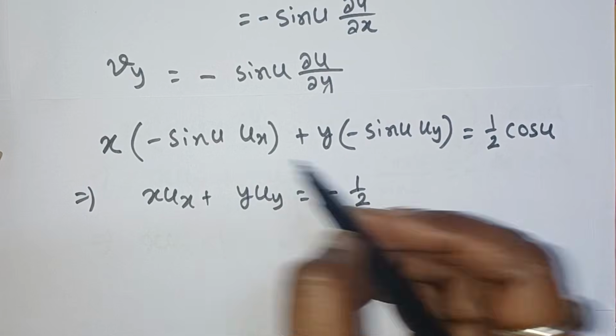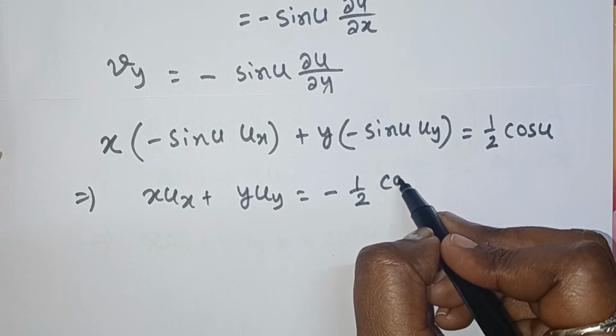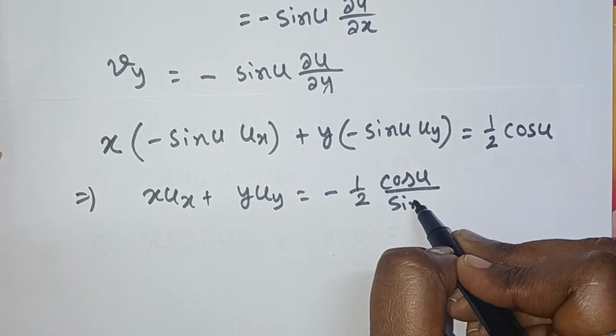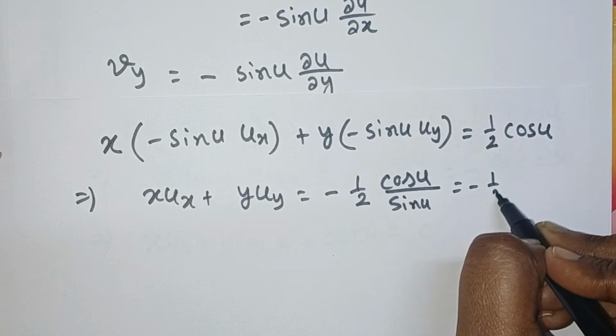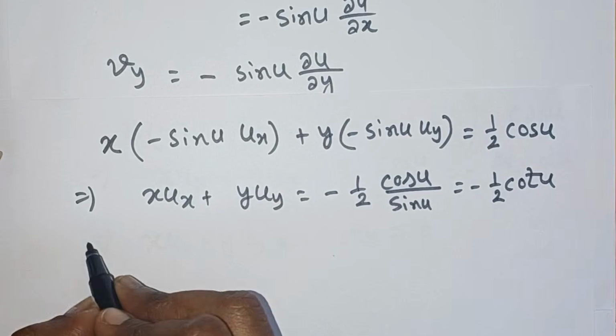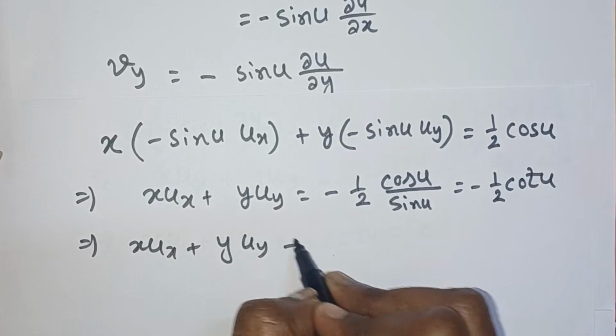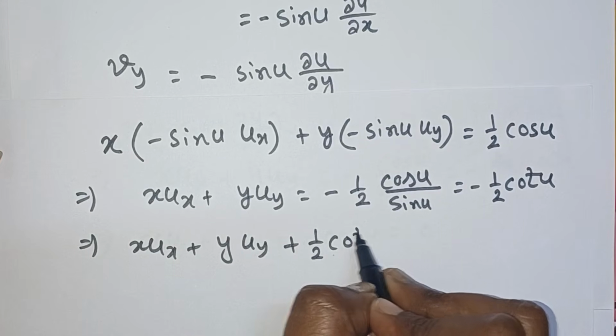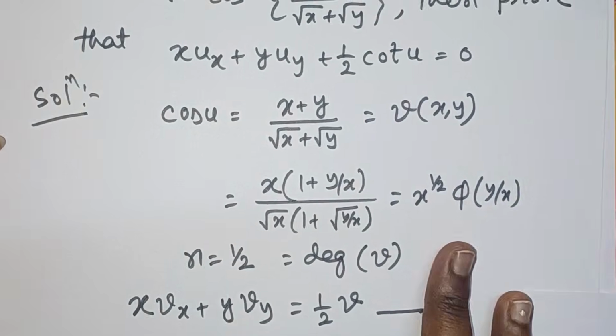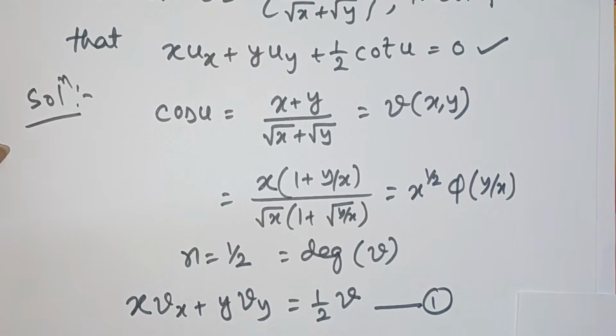If we take minus sin u on this side, then it will be minus 1 by 2 cos u by sin u, that is minus half cot u. Hence take this in the LHS. So x ux plus y uy plus half cot u equal to 0. Hence, we have proved the expression.